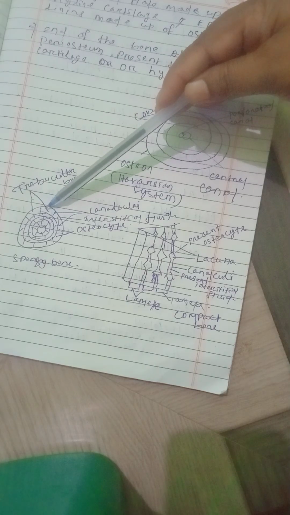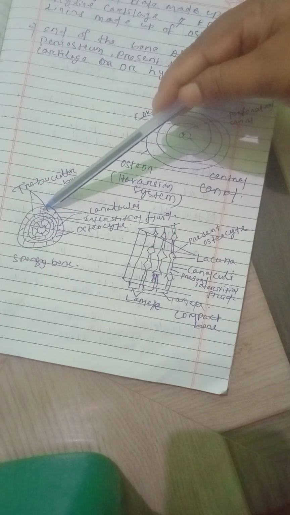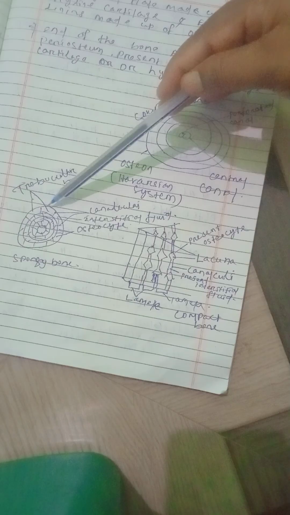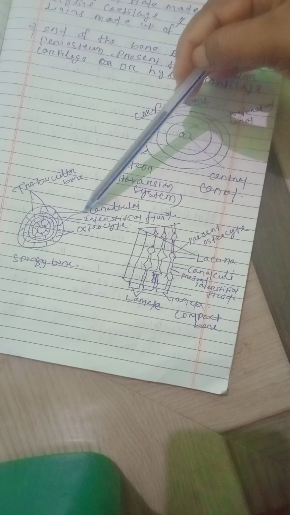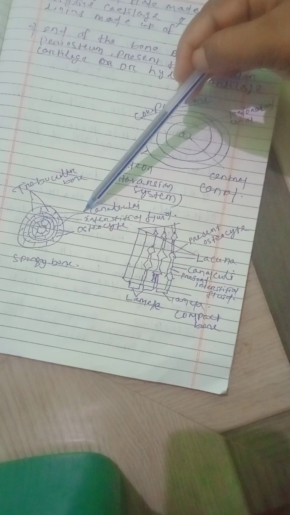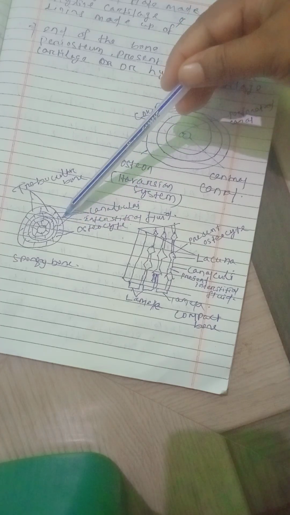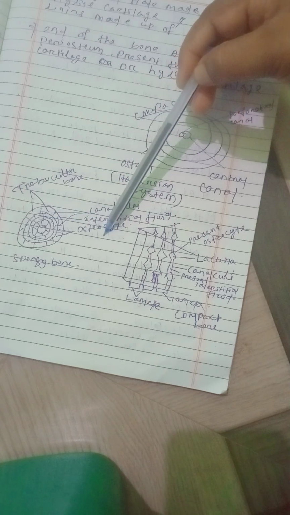Separating the cubes, this structure is called the canaliculi. In the canaliculi the interstitial fluid is present, and this interstitial fluid nourishes the osteocytes.